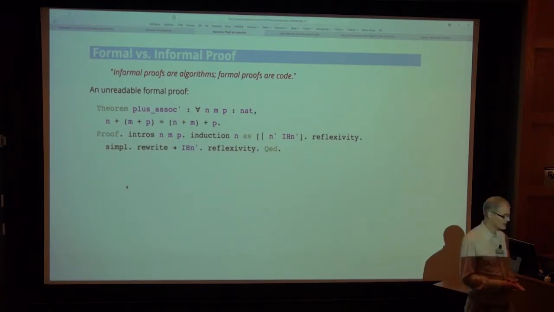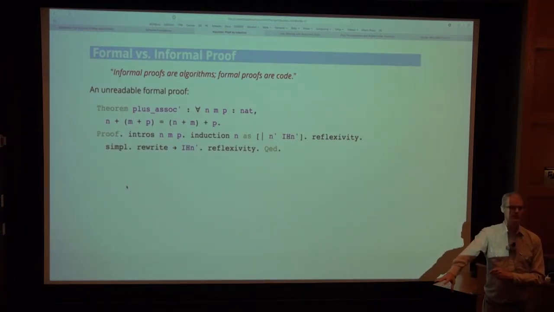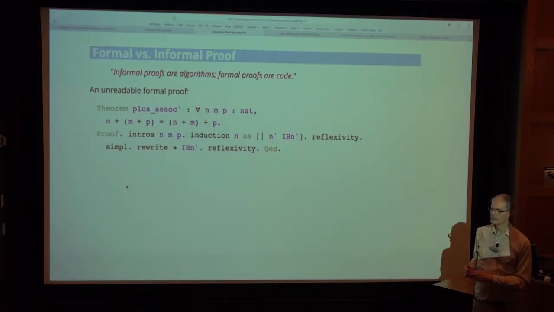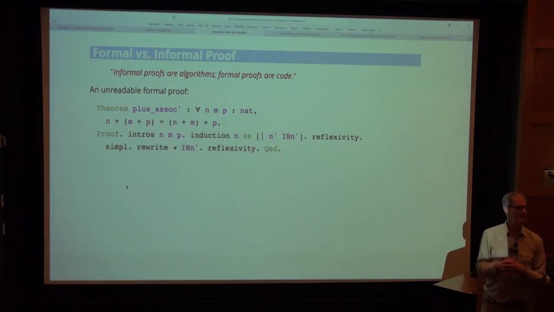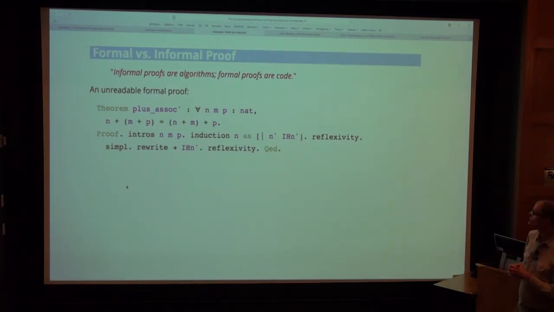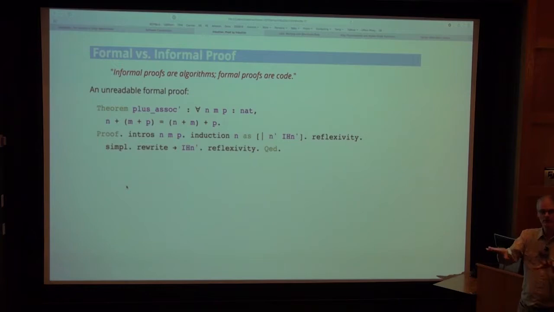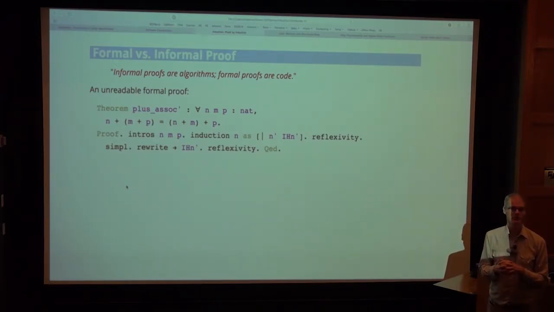Strictly speaking, the purpose of a formal proof is to get the proof checker to say yes. You can interpret it as saying something about a mathematical truth, but really it's just a program that's driving the proof checker through a sequence of states and getting it to a state where it has no sub-goals.